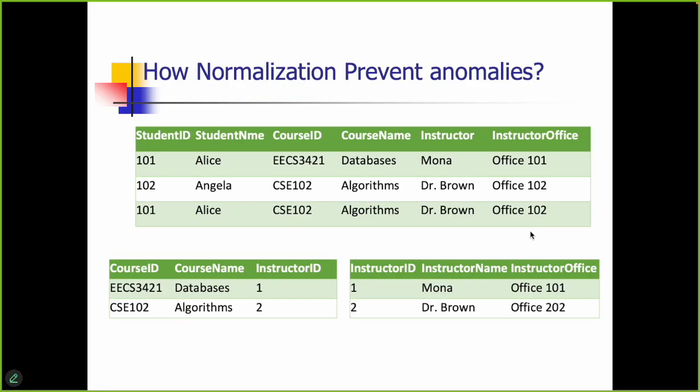So how does normalization prevent anomalies? We talked about breaking down a large table into smaller tables, so we know that we want to end up with more, smaller tables, right? Now, how can we do this?